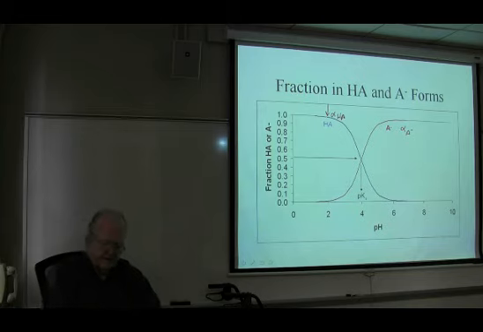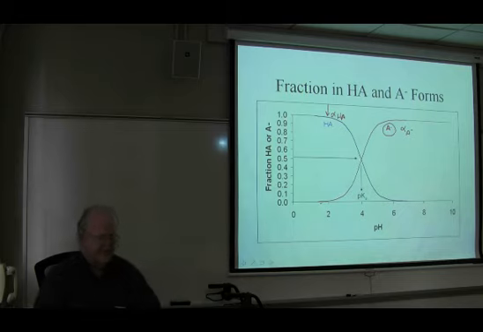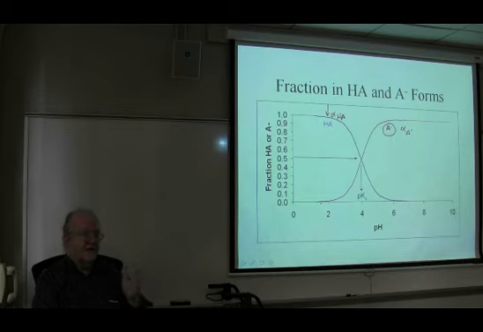The fraction that's in the Bronsted conjugate form varies from 0 to 1. They cross, each is exactly a half when the pH is equal to the pKa. If you remember your titration theory, the pH is equal to the pKa at the half titrated point.